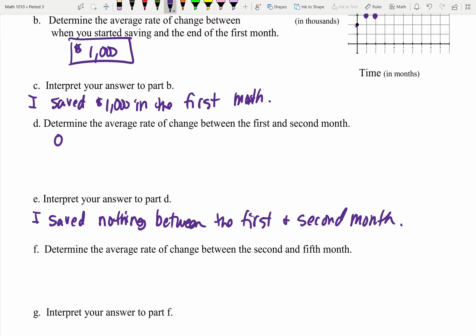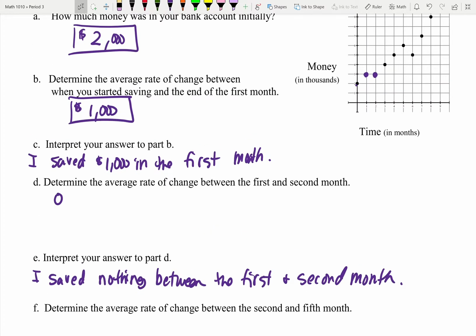Okay, question F. Determine the average rate of change between the second and the fifth month. There are several ways to do this. You do whatever you think. Between the second and the fifth.